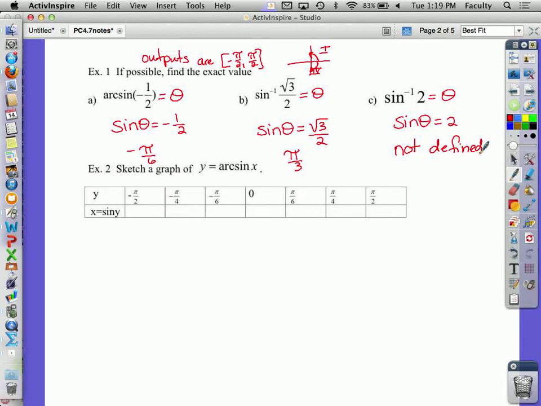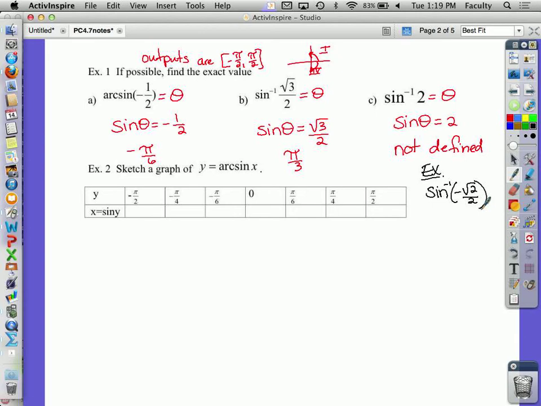All right, let's do just a few more of these to make sure you're really getting the hang of it. So let's suppose I ask you for inverse sine of negative radical 2 over 2. Once you really get the hang of this, you start mentally doing, okay, the sine of what angle is negative radical 2 over 2.